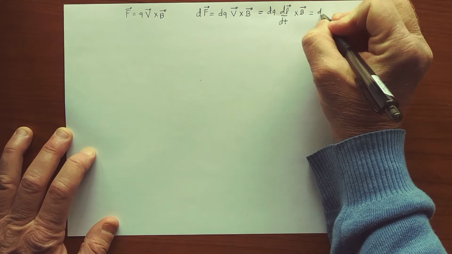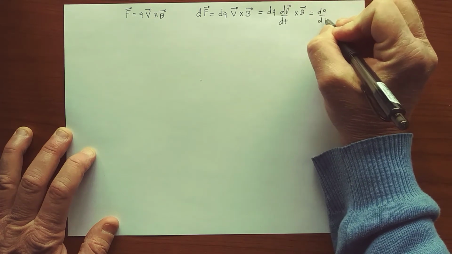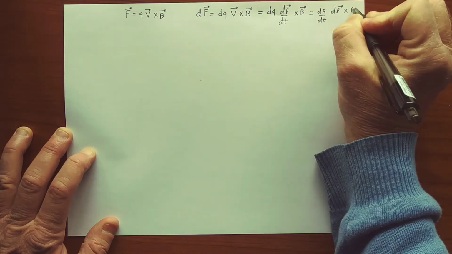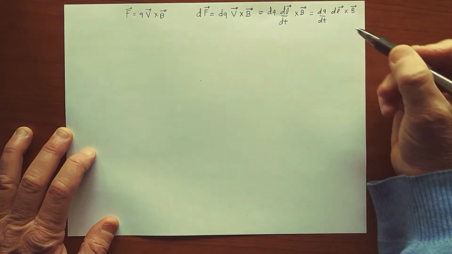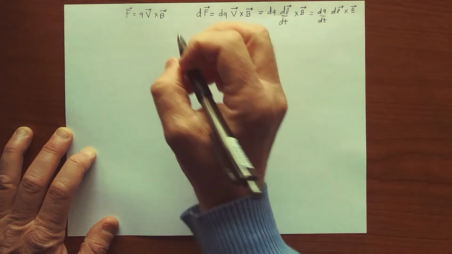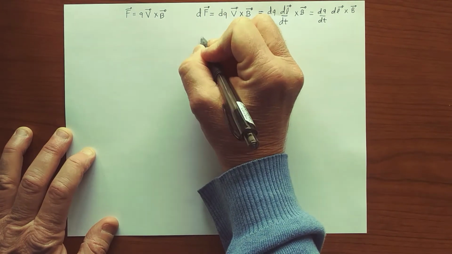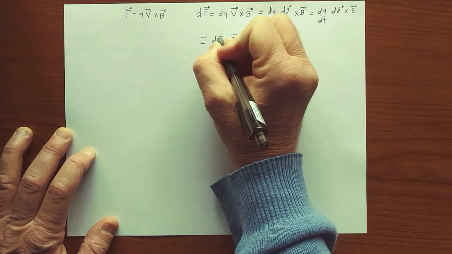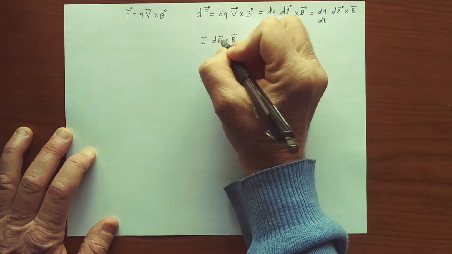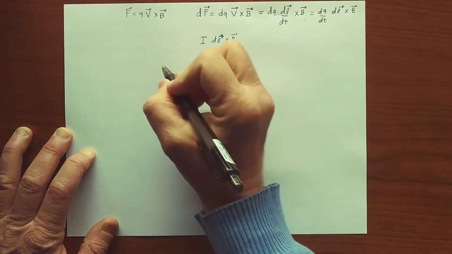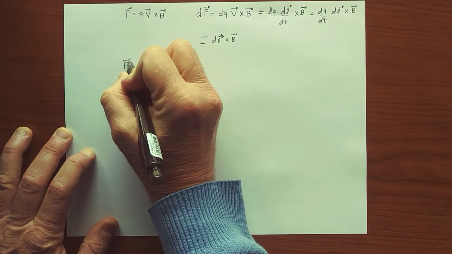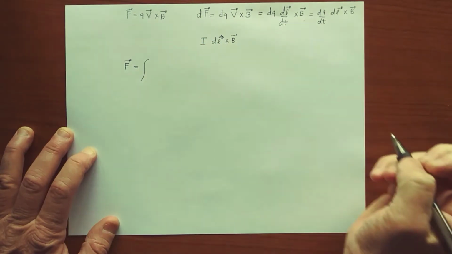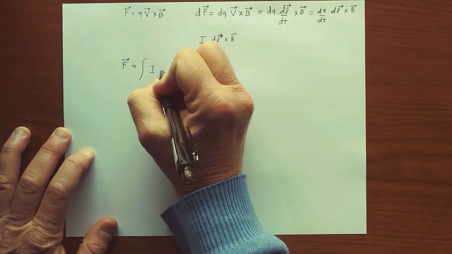Then we can think of these as ratios and recognize that this is nothing more than what we mean by current, and so we get I dl cross B as our final expression. This means that the force on a current in a magnetic field looks like this.